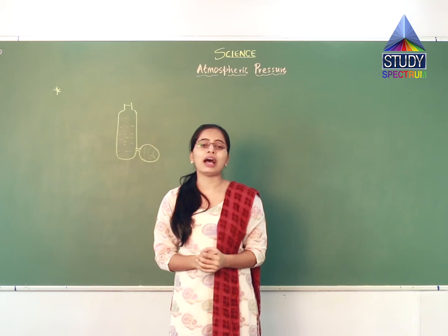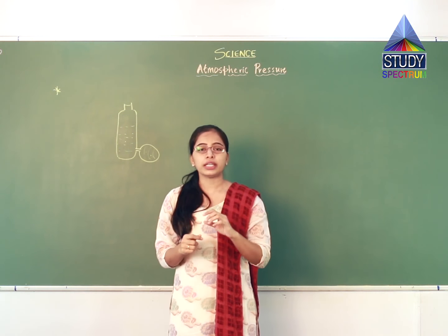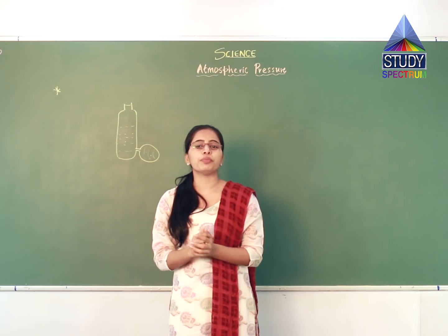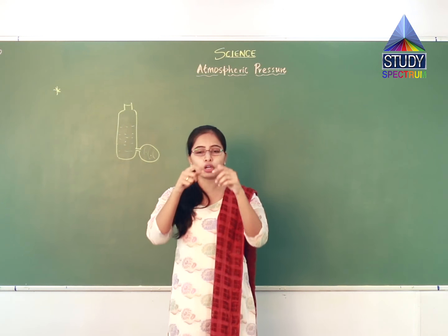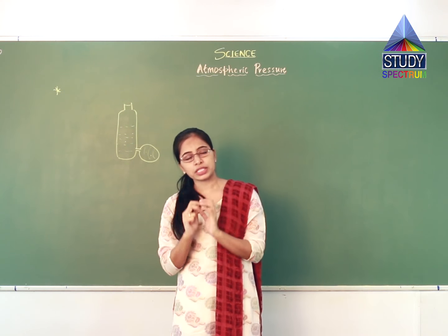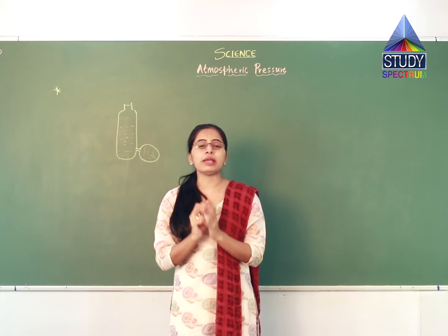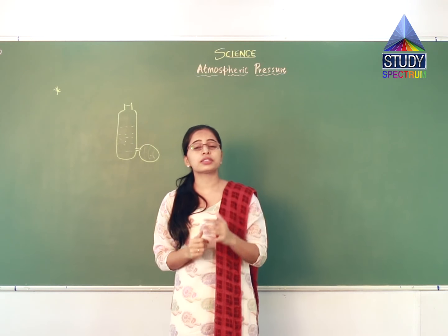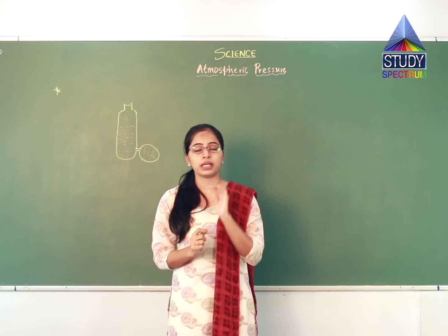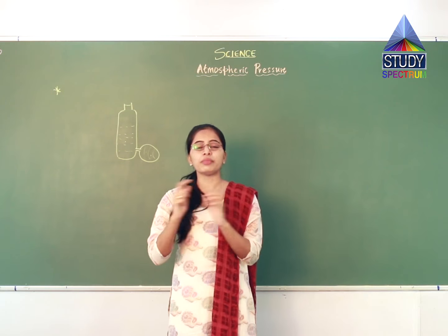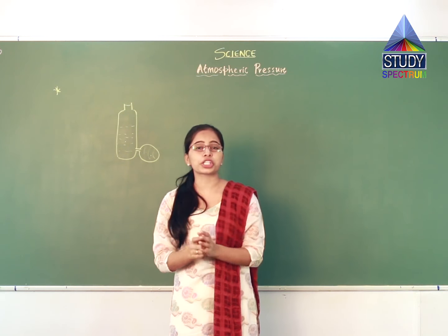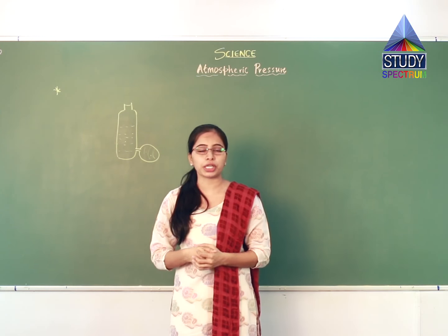For this we have a very simple example. See, we will take different shaped balloons. We can take a heart shaped balloon, round shaped balloon, oval shaped balloon or a longer balloon. In all the cases, suppose we are blowing the same amount of air inside, still the balloon takes its own shape. Means they are not taking similar shapes to each other. They are taking their own shape, heart shape, oval shape or long shape.